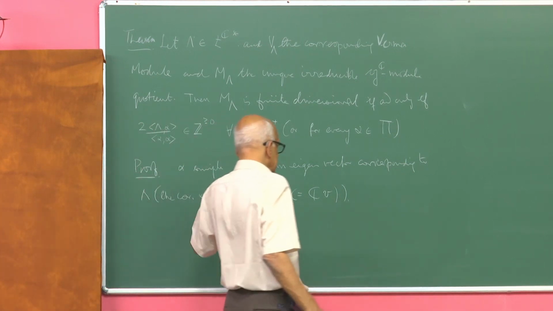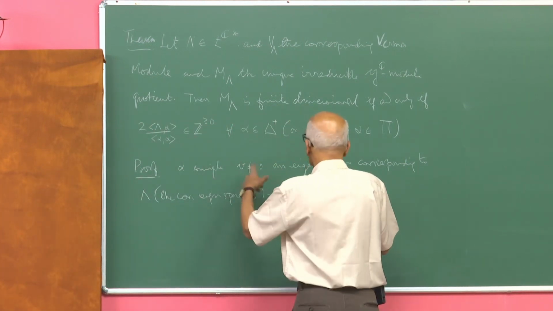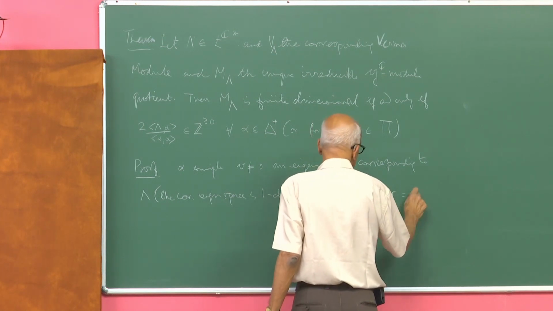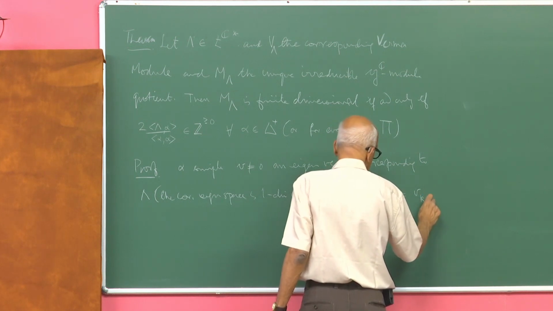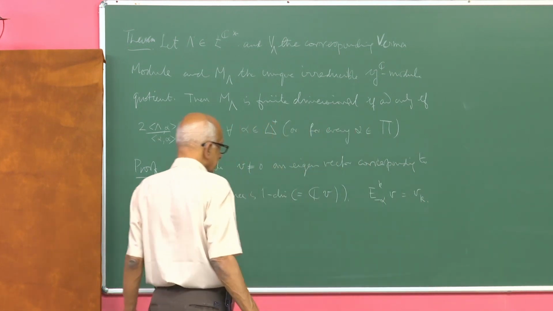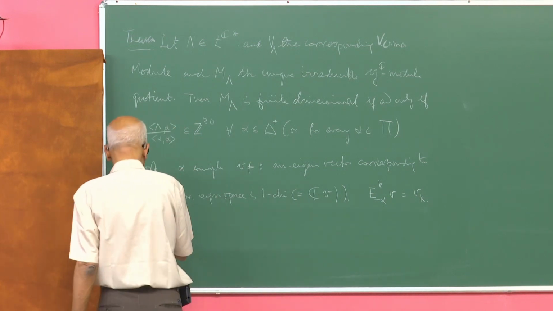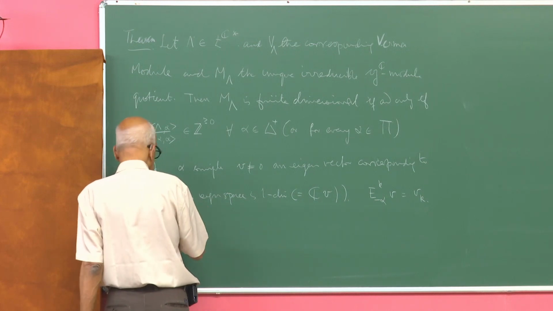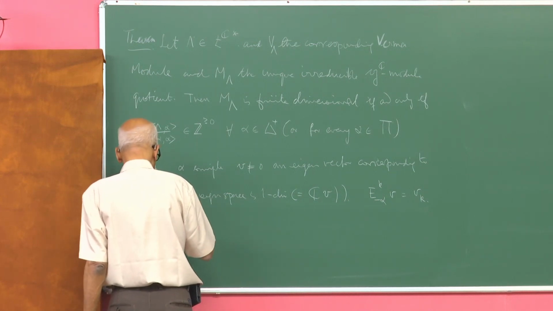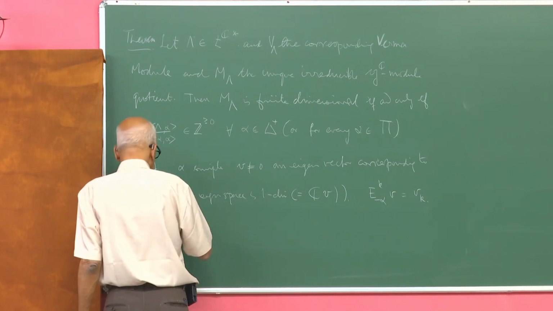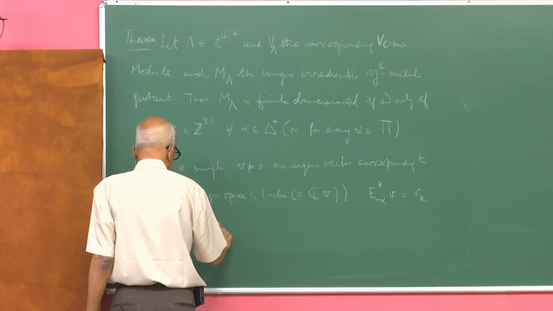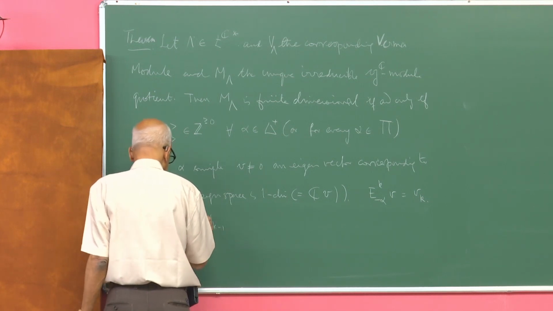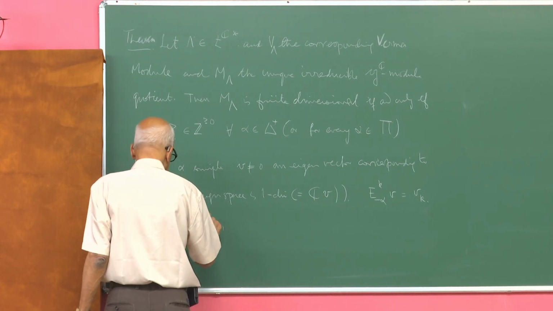So I pick this vector v and then I look at E_{-α} to the k applied to v, which I call v_k. Then one found, and I proved this last time, it's an easy induction, that E_α v_k equals some constant depending on k, some c_k, times v_{k-1}.